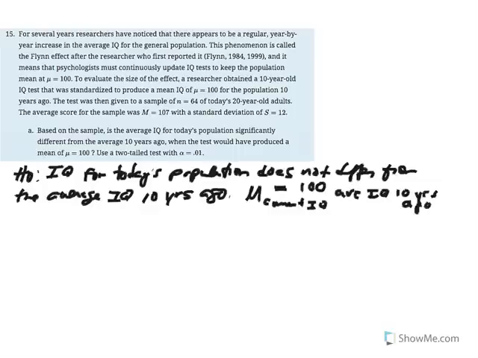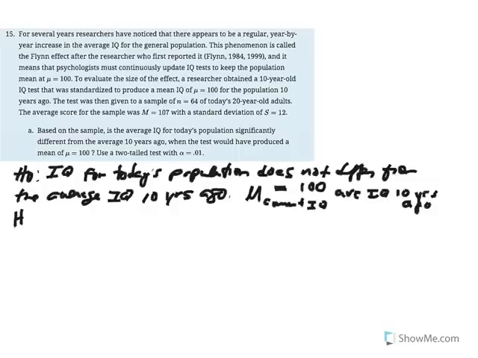Normally we wouldn't see 10 years ago, we wouldn't see all of this extra information. You would simply just see mu is equal to 100, but I like to differentiate what we're looking at so that you understand what we're comparing. So the mu of the current IQ would equal the mu of the IQ 10 years ago.